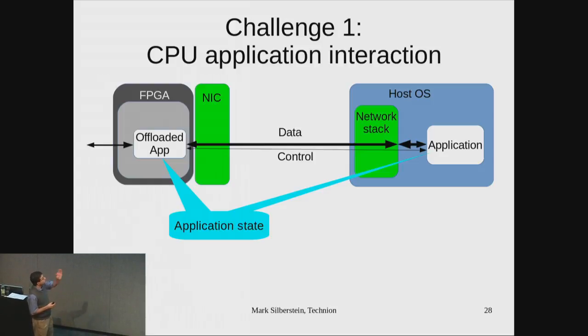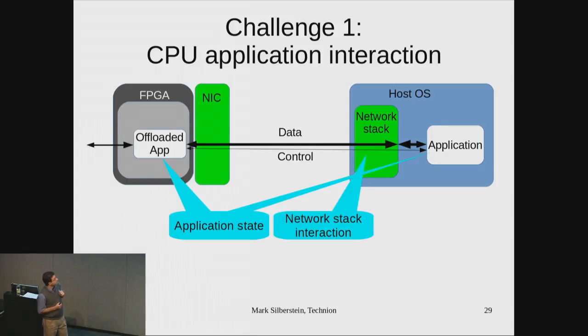Okay, so let's start going in detail over the challenges here. First of all, we need some way for the CPU application to interact with the offloaded part, right? You have some state here, and this state definitely needs to be communicated or updated between this part and that part. As I mentioned, there should be some network stack interaction because some data can pass through it.